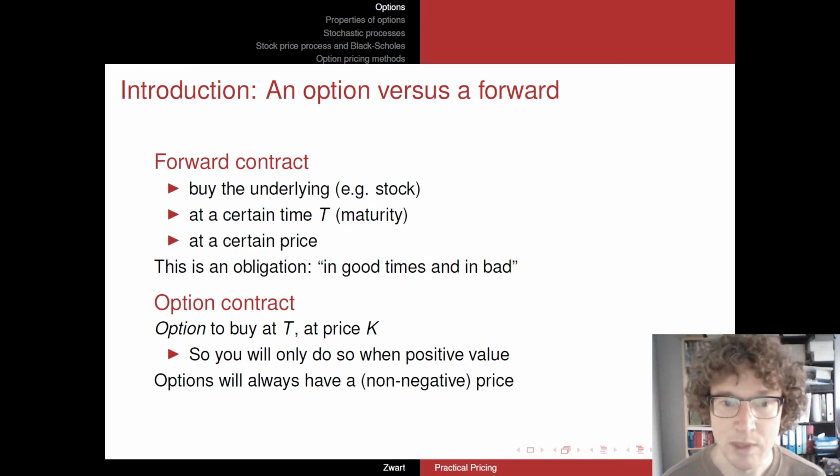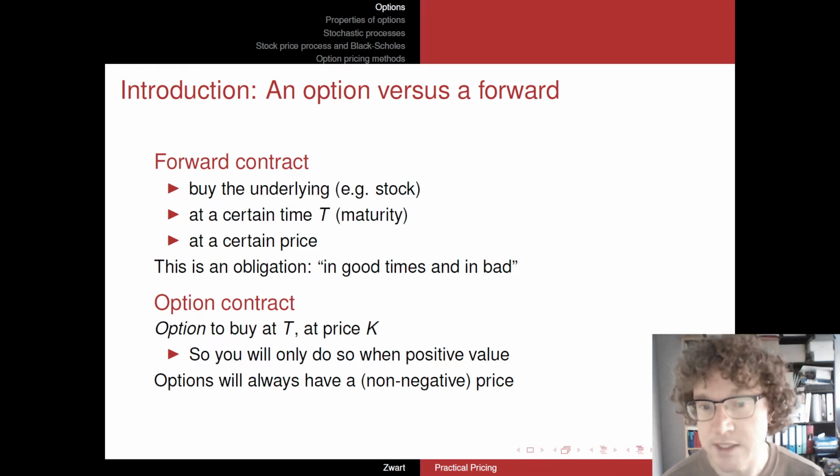When will I do so? Only if this stock is worth more than 20 euros at that point in time, because then I will make a profit. But if at that point the stock is worth, let's say, 17 euros, then I'll just throw this contract in the bin. I will not use it, and I make a zero payoff.